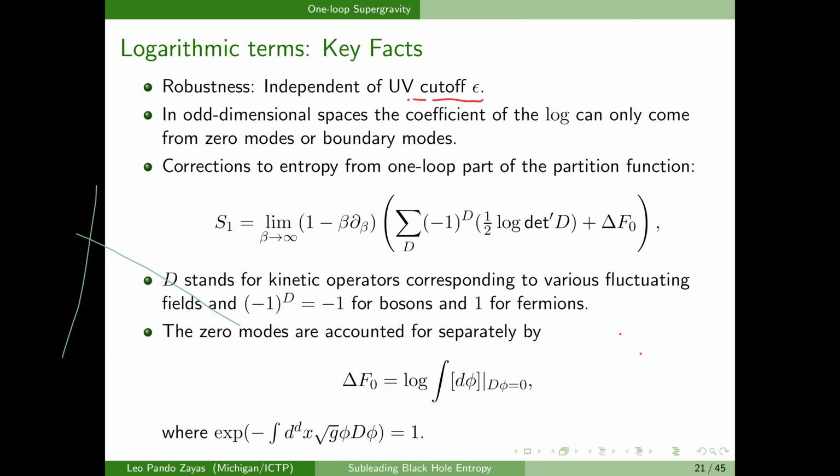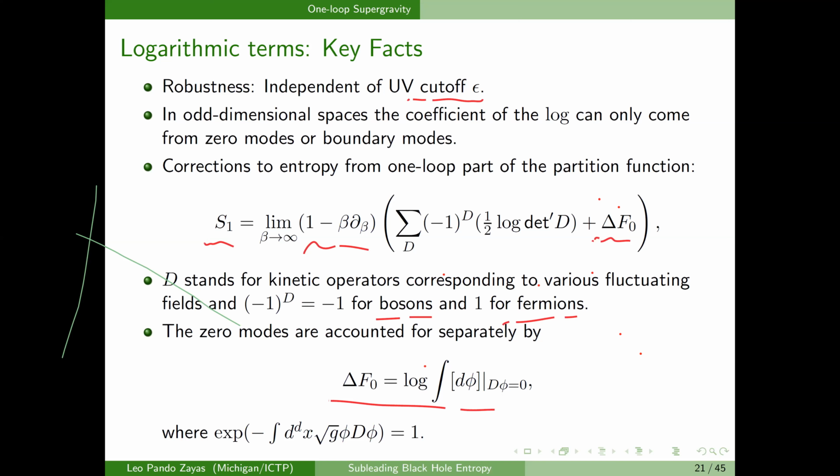All right, so essentially the corrections to the entropy that I want to compute are going to be the standard thermodynamics, and then this is my one loop effective action. And then of course there are some ghosts that I have to treat separately. This (-1)^F is essentially to account for bosons and fermions, and the zero modes I have to take into consideration separately.